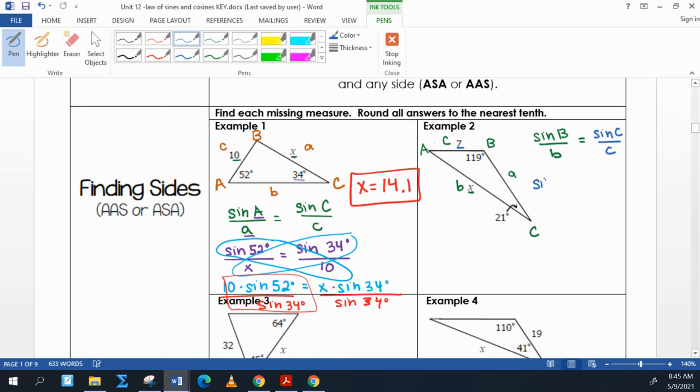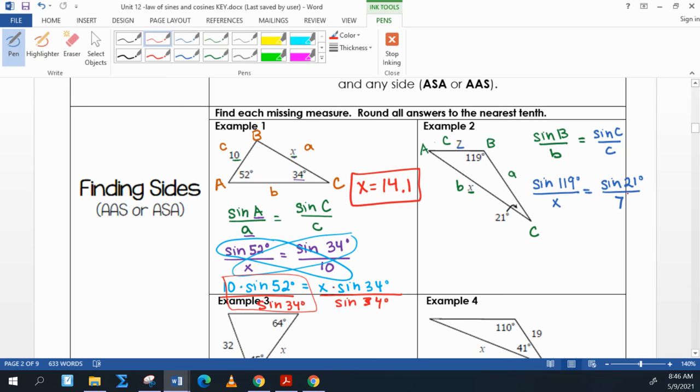So I've got the sine of angle b, which was 119, divided by little b, that's my unknown, that's my x, is equal to the sine of angle c. Angle c was 21 degrees, divided by little c, which is 7.